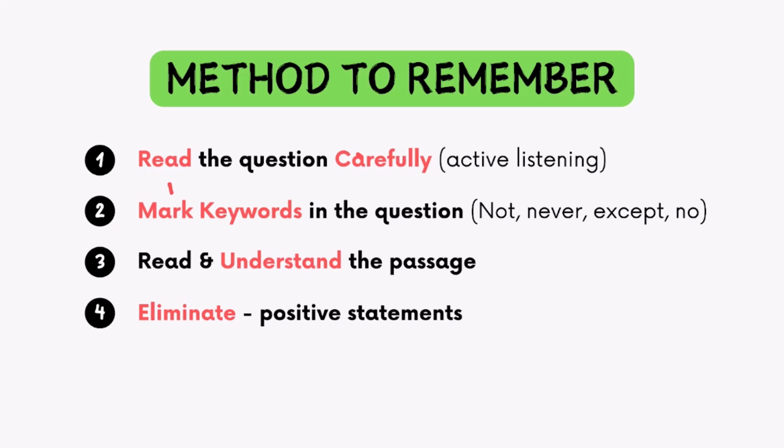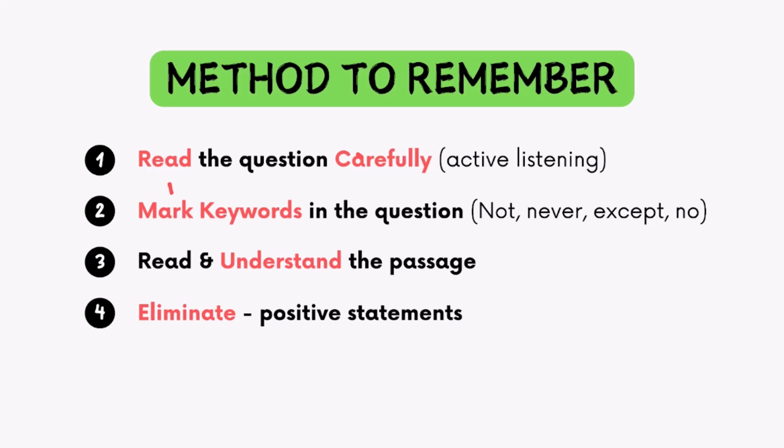And point three is to read and understand the passage. First you read the question and mark the keywords, and third, you have to read and understand the passage. You have to read as well as understand at the same time. You can imagine it like a story or like an order, right?